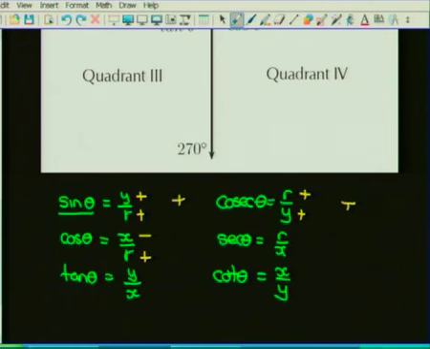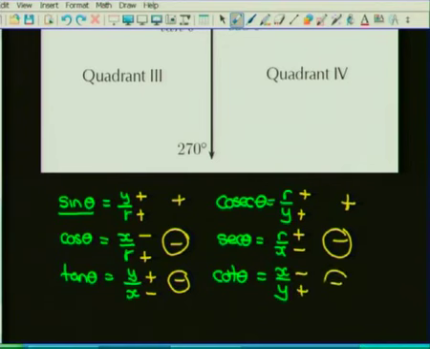Now, a negative over a positive makes a negative. Sec is positive over negative, and again, a positive over a negative is a negative. So what we're finding is that these are coming out negative. Let's see about tan. Well, tan is a positive y and a negative x, so overall it'll be a negative. Likewise over here, we have a negative x and a positive y, so overall a negative.